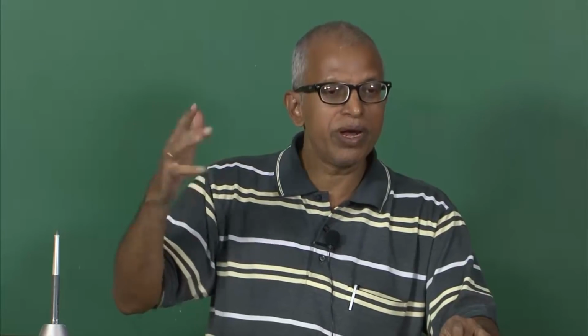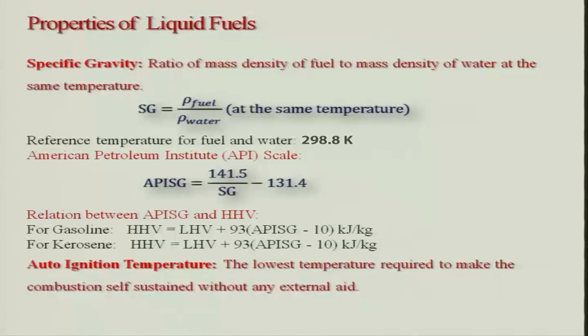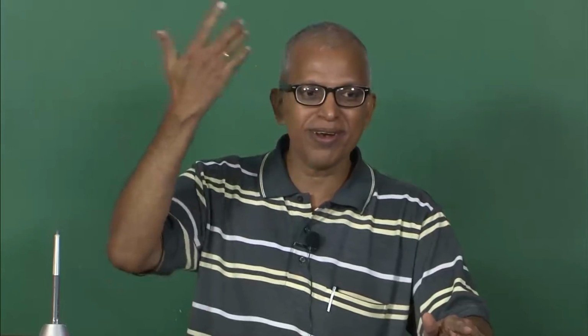Lower the auto ignition temperature, better it is. However, there is a problem: it is hazardous, because if by mistake something happens, all the fuel will burn on coming in contact with the oxygen. So it will be dangerous.